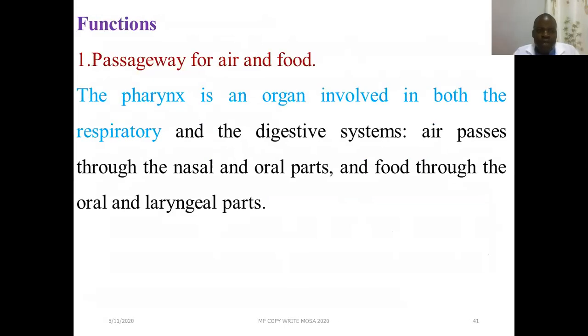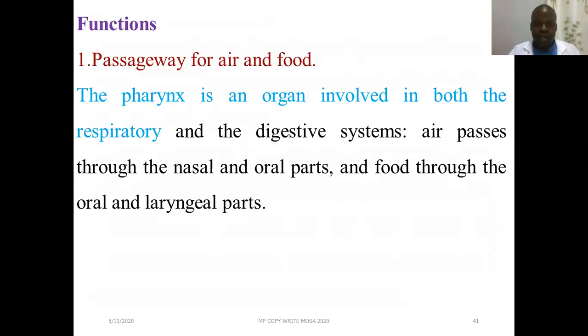Functions of the pharynx. 1. It functions as a passageway for air and food. The pharynx is an organ involved in both the respiratory and the digestive system.